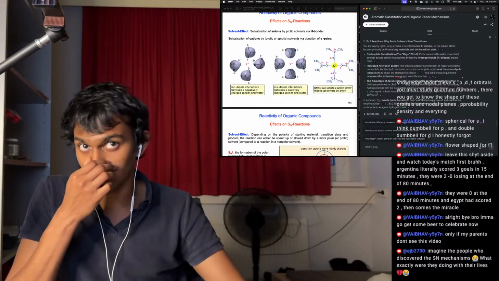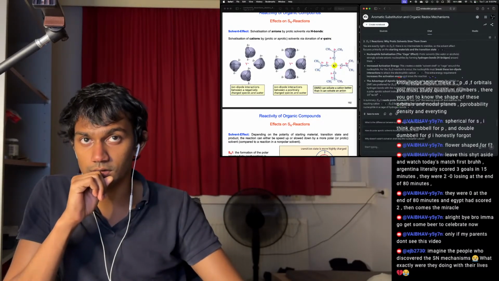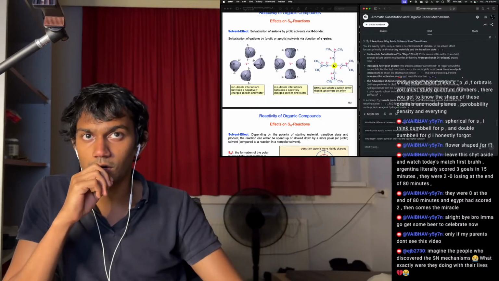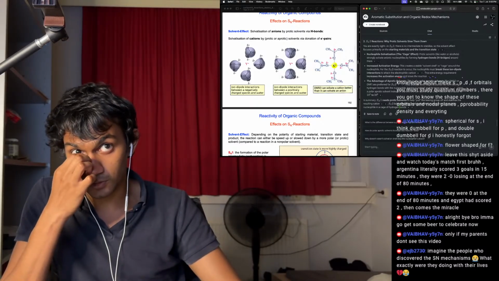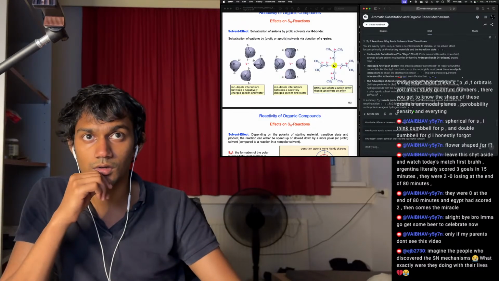SN1 needs protic solvents to help the leaving group and stabilize the resulting cation. SN2 is hindered by the protic solvents because they lock up the nucleophile in a cage of hydrogen bonds.